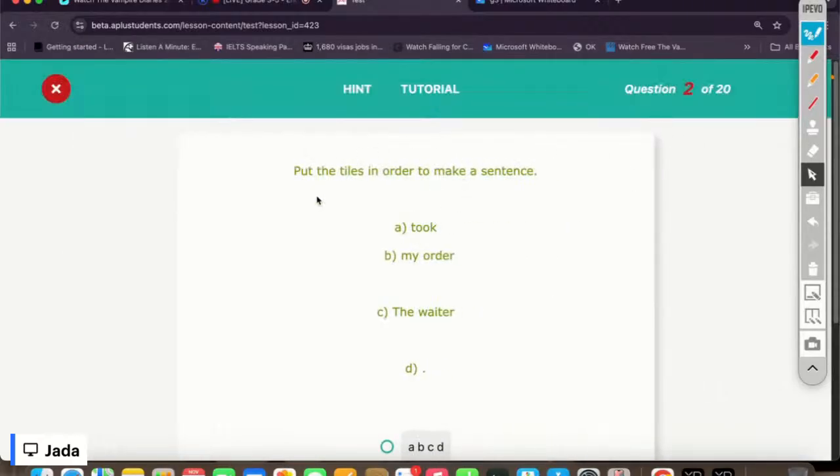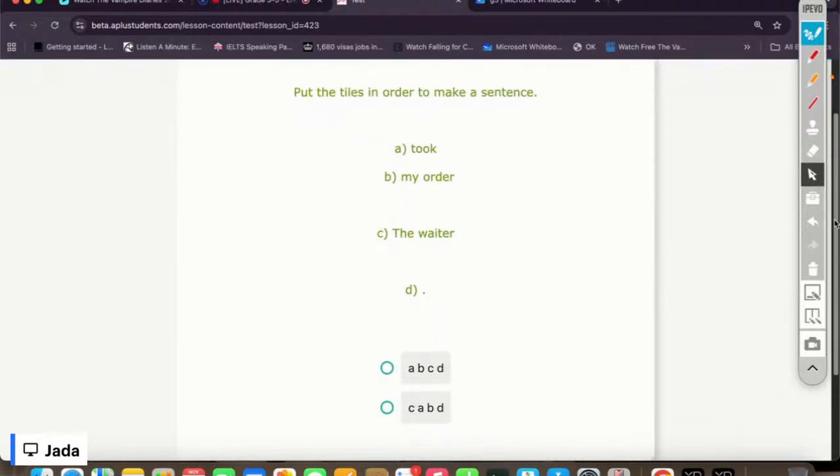Then put the words in order to make a sentence. Took, my order, the waiter. So what's the right order? First or second?